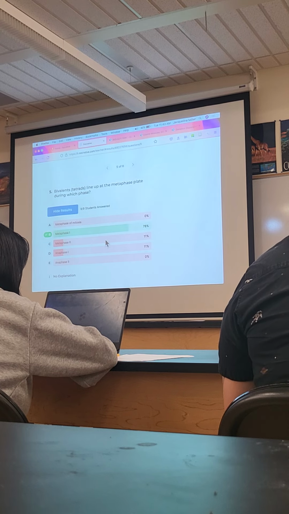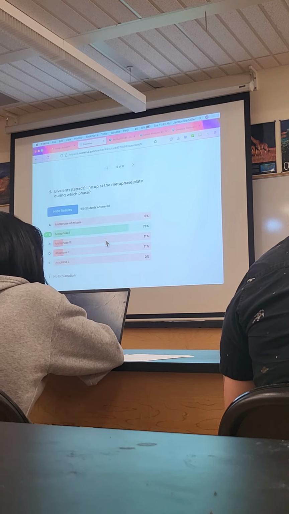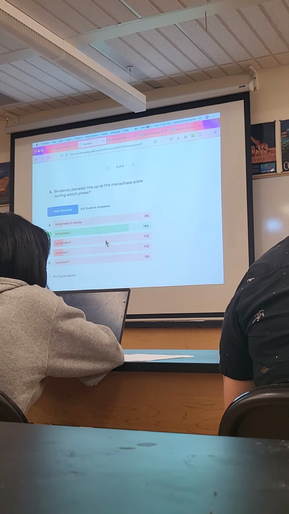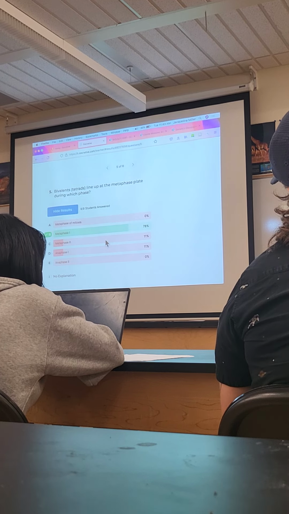So using this information, if 2n is equal to 6, that means that in a diploid cell, there should be 6 chromosomes, right?